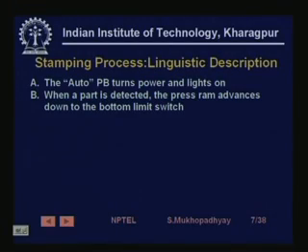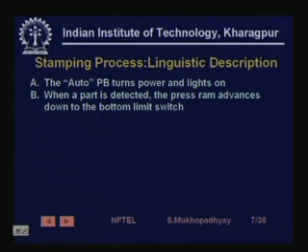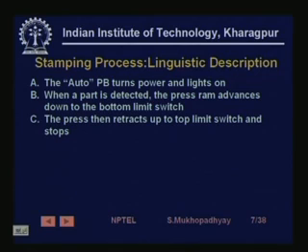When a part is detected, the thing to be stamped, when it is placed at the proper place and detected, so there has to be a part sensor, the press ram, the heavy piece which will move and make a stamping, advances down and will stop once it makes the bottom limit switch. So that is again a sensor, and you must have actuators to make the ram move down. Then the press retracts up to the top limit switch and stops. So it makes a stamping and stops.